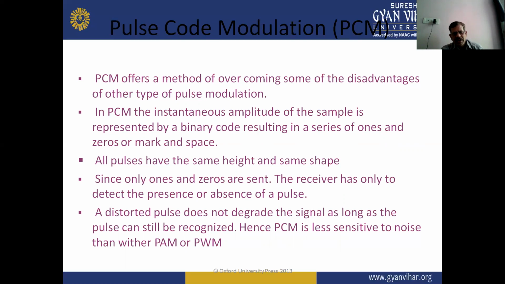Since only ones and zeros are sent, the receiver has only to detect the presence or absence of a pulse. A distorted pulse does not degrade the signal as long as the pulse can still be recognized. Hence, PCM is less sensitive to noise than other modulated systems such as PAM or PWM.